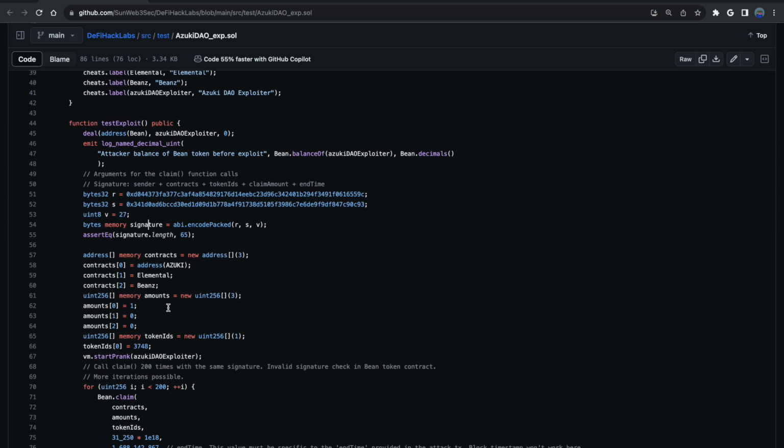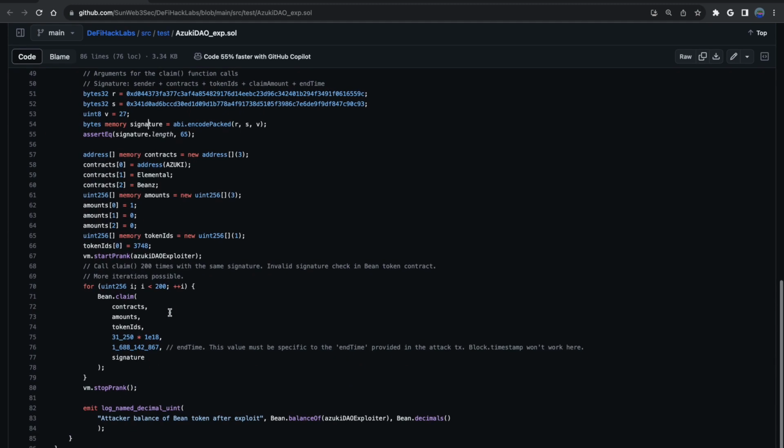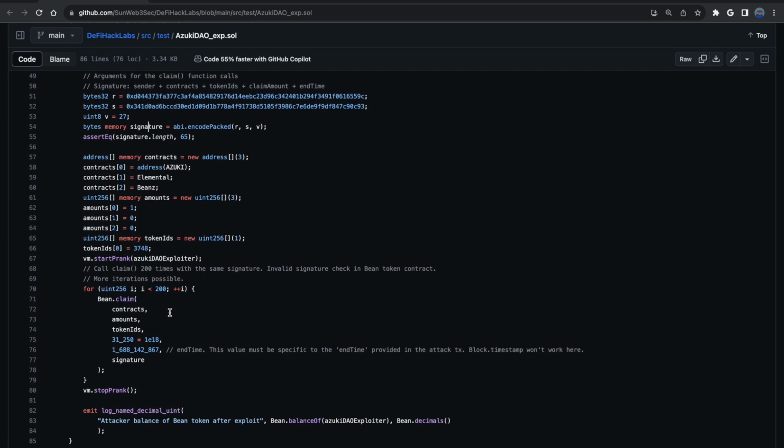But what this didn't check is whether the signature was being replayed. So essentially what someone did was call claim 200 times with the same signature. And this allowed the user to claim 200 times.